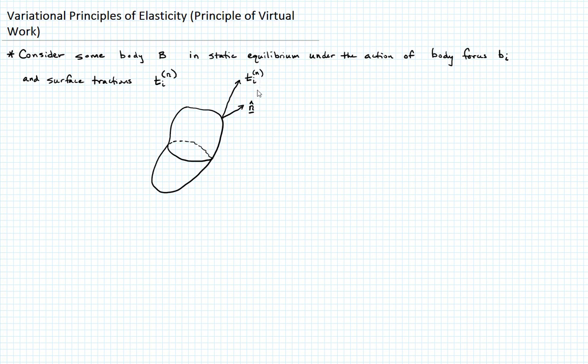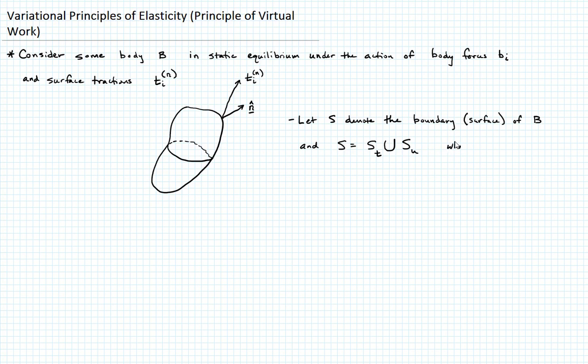We're going to let S denote the boundary of this body B. S is some combination of a surface that either has a traction or a displacement boundary condition. So we would say S is equal to the union of S sub T, which is our traction surface, with S sub U, which would be our displacement surface.